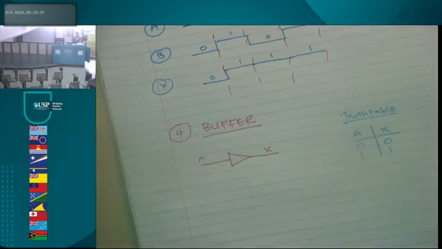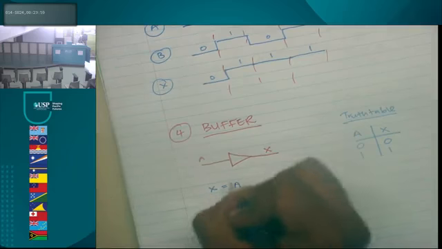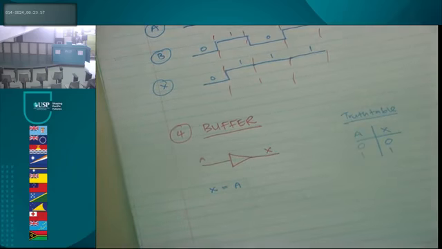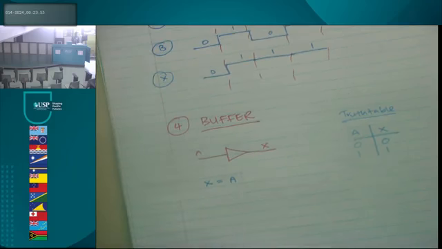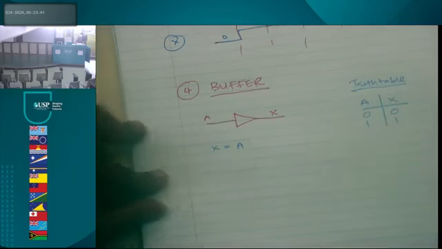Minus? Yeah, correct. X equals A. Okay, that's your expression. Set. So you don't need a timing diagram for that, eh? It's very simple. Now it's the fun part. You guys done? Set. I'll move further.